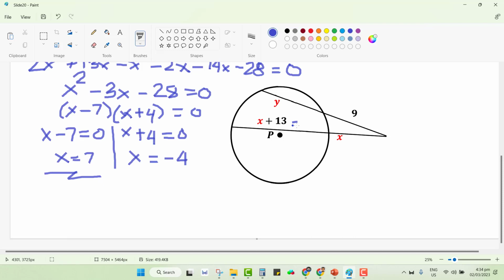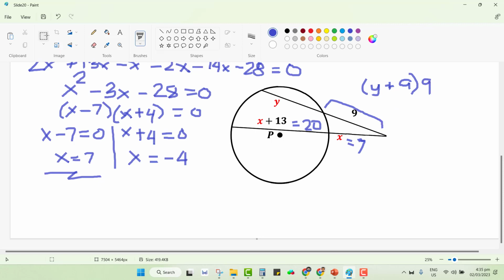So this should be 20 and this should be 7. And since this is also a secant segment, we can use the other values. You have here the entire secant segment, so you'll have y plus 9, times the exterior, which is 9.